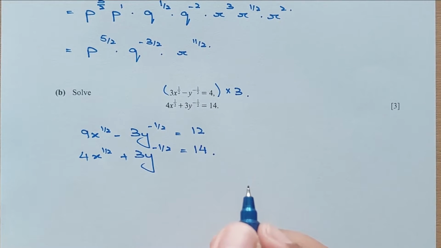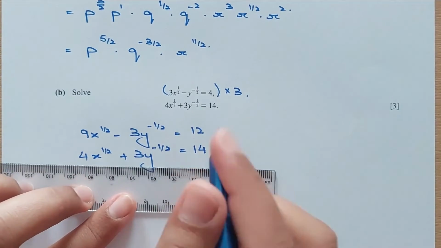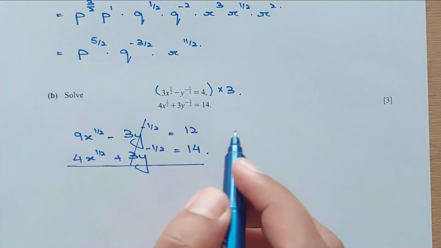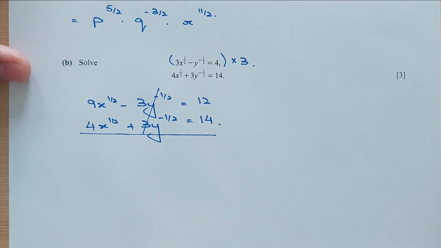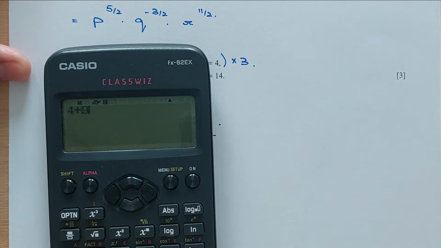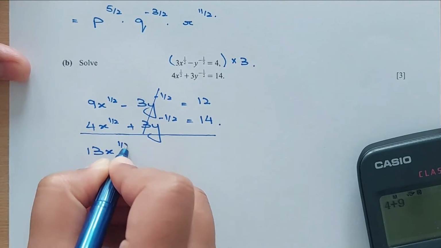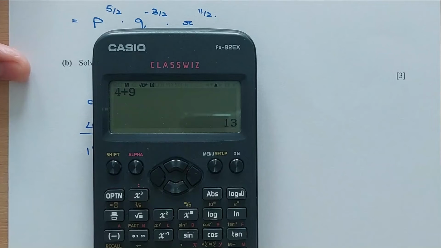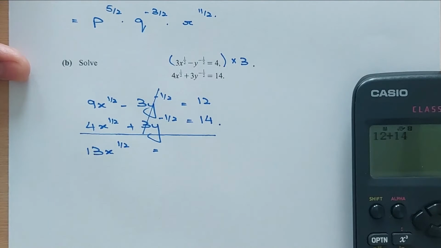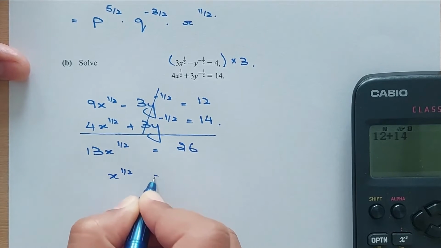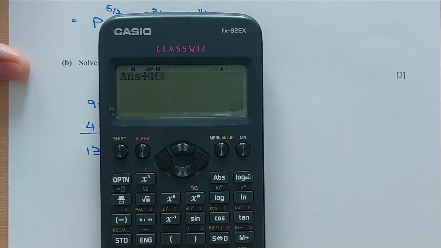Now we are adding the two equations. We can easily cancel the y terms, and we have 9 plus 4, 13. So 13x^(1/2) = 12 plus 14, 26. And x^(1/2) = 26 divided by 13, which is 2.